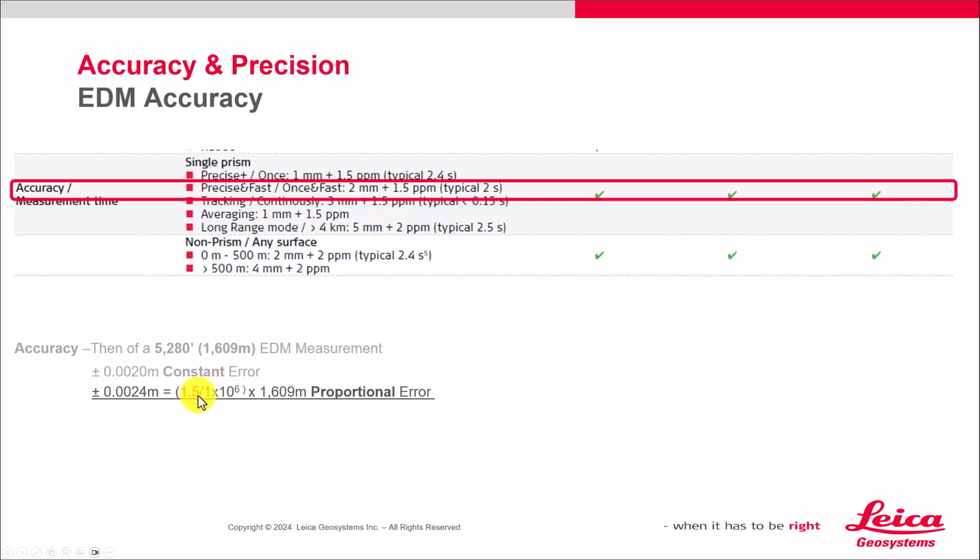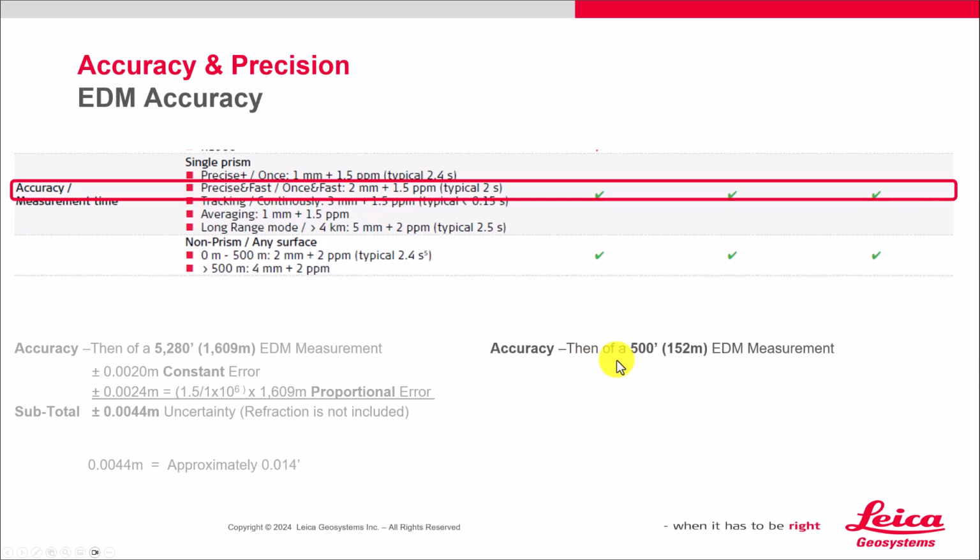And if we take the 1.5 parts per million times the 1,609 meters, we get the proportional error, or 0.0024 meters. That comes out to 0.0044 meters of uncertainty without refraction included. That's approximately 0.014 feet. Not bad for that distance.